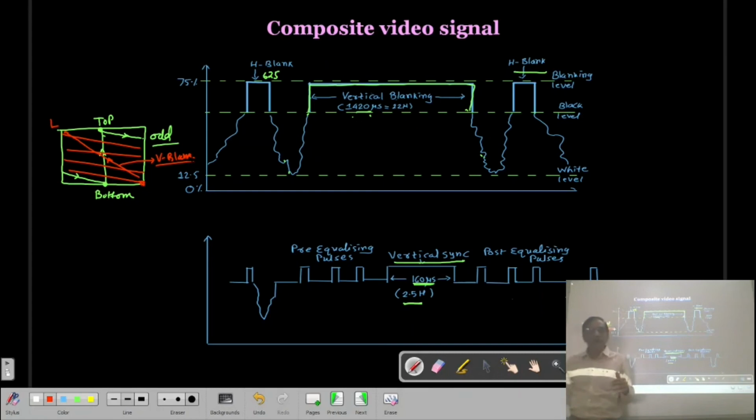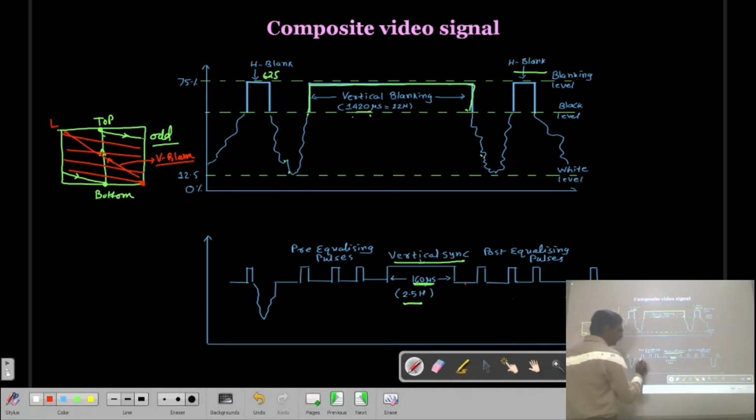So to synchronize both the fields, we require a certain number of equalizing pulses, because the blanking pulses are not in phase. So to keep them in phase, we require the equalizing pulses.